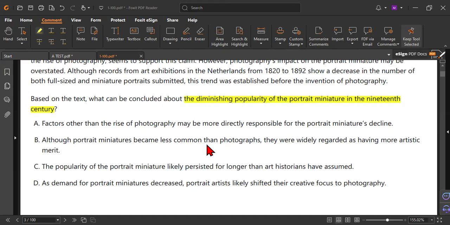Wait, no. But remember, the text did not discuss the portrait miniature. He didn't mention comparisons. Imagine, as I told you, the comparison trap. There is no comparison in the text about the popularity of the portrait miniature and the studying and assuming or something.